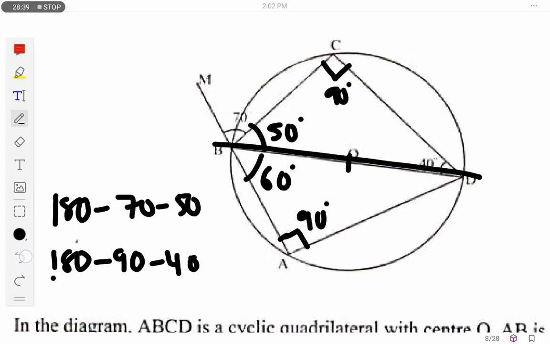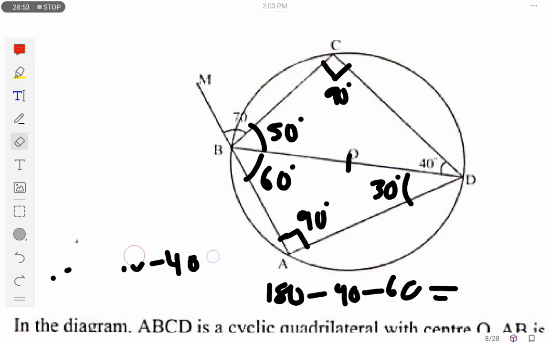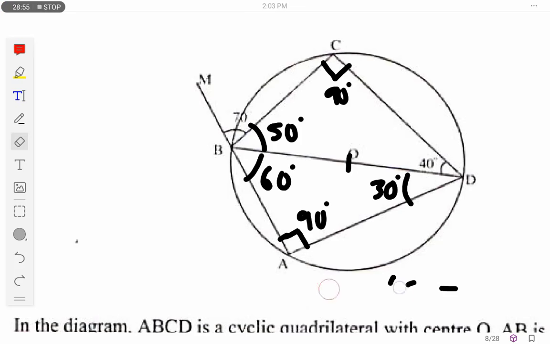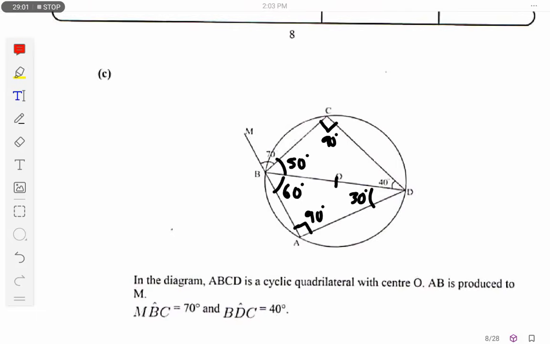Then the last one, it's also the idea of the triangle, 180 minus 90 minus 60. I will get 30 degrees here. So that's how we fill up the circle geometry. Once you are done, you can now answer the question. It becomes easier when you do it like this.